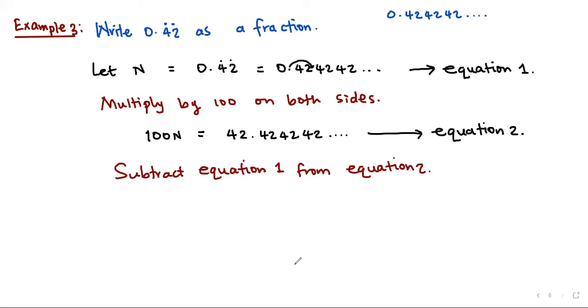So this means that we will have equation 2 as 100n. Then we are going to subtract equation 1, which is n. Equation 2, we have 42.424242 repeating. Minus equation 1, we have 0.424242 repeating.